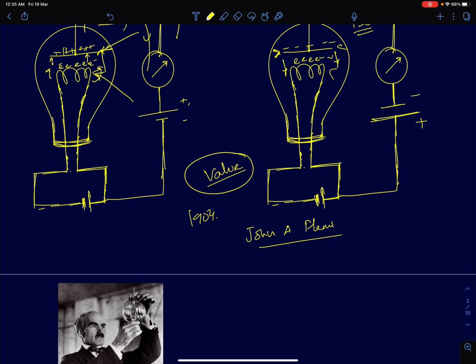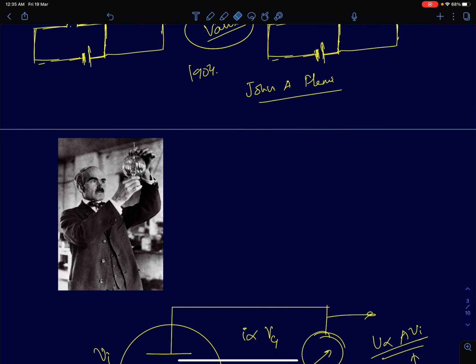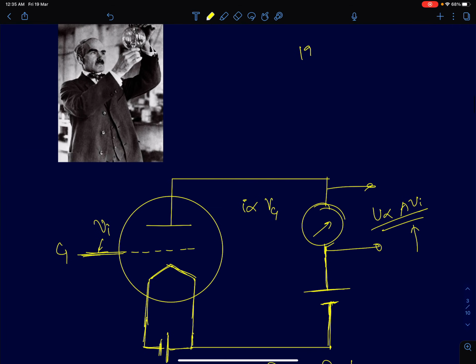Then came, in the next half of probably the decade after 1905, another scientist in North America who, extending on this idea, introduced a third terminal called the grid terminal.